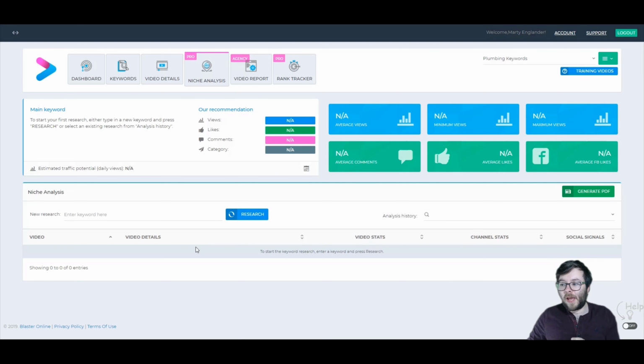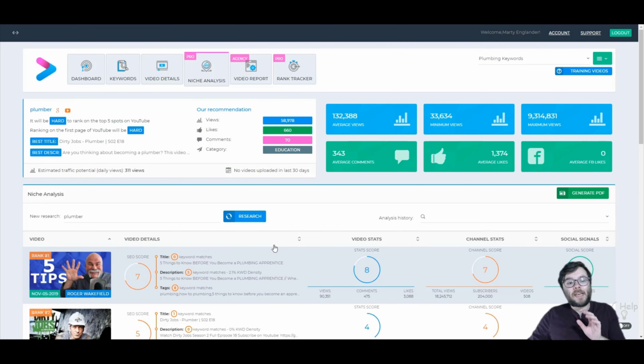Well, in the software here, let's pretend we're plumbers, okay? So I'm going to type in plumber and press research. Now that it's loaded some statistical information about this specific keyword, we can see that this short tail keyword is really competitive, because the software is telling us it's going to be hard to rank in the top 5 spots, and hard to rank on the first page.